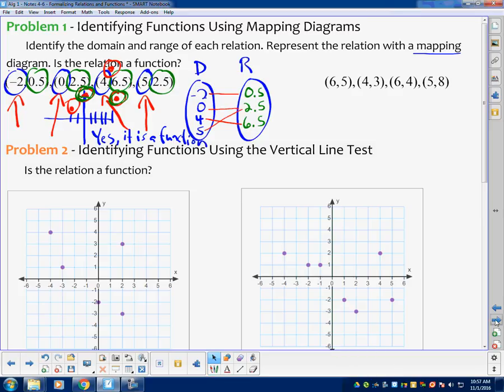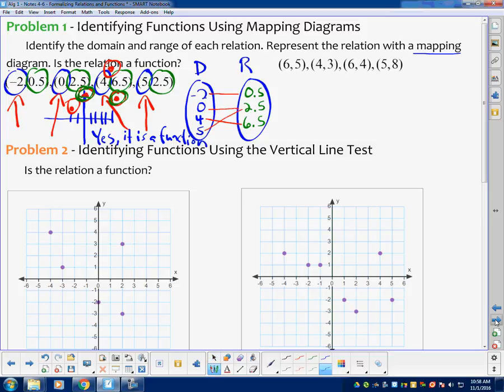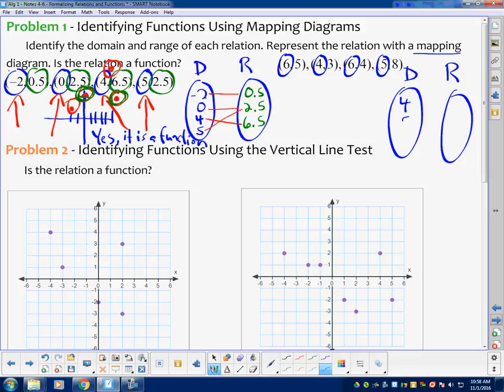I'll show you, when I do this next one, a comparison of the 2 mapping diagrams. You can tell from the mapping diagram as well. So let's move these coordinates over and draw another mapping diagram here. I have domain and range. So the domain, let's circle them. There's 3 different numbers, so if I go in order, it's 4, 5, and 6.